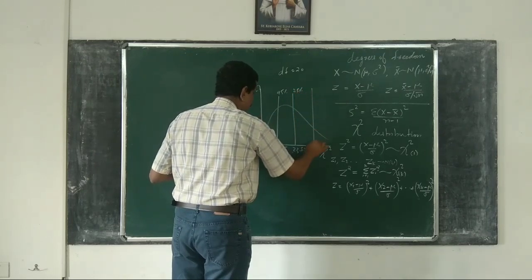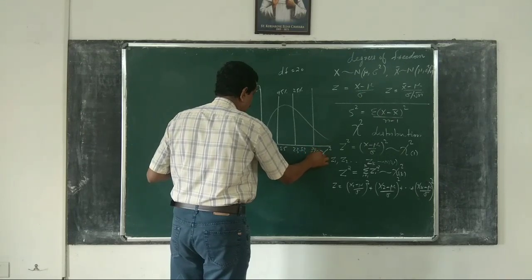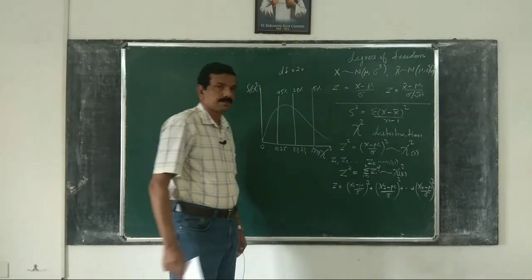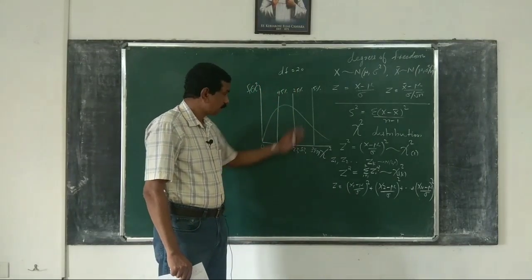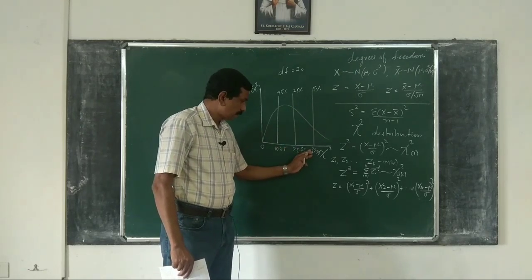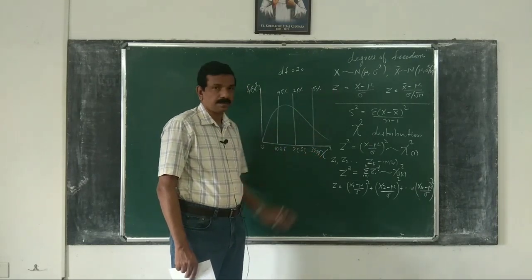The probability that it is greater than 39.99 is 5%. In words, if degrees of freedom is 20, the probability of getting a chi-square variable in excess of 39.99 is only 5%.